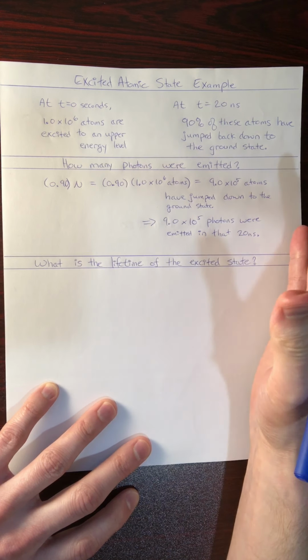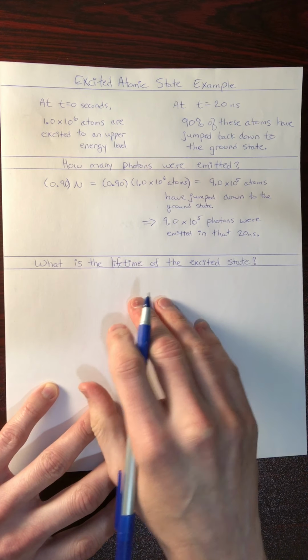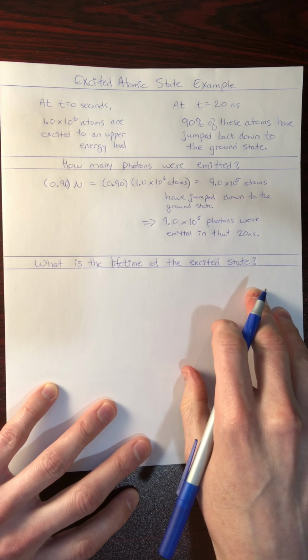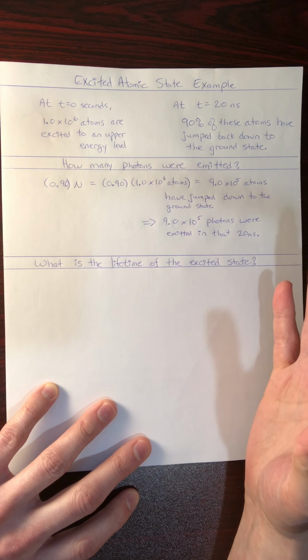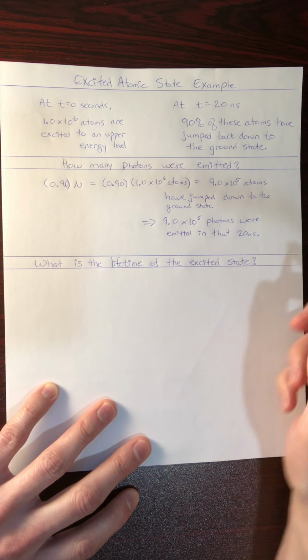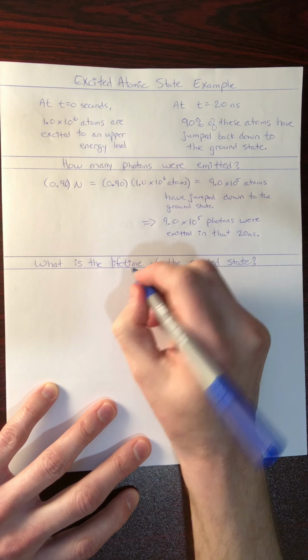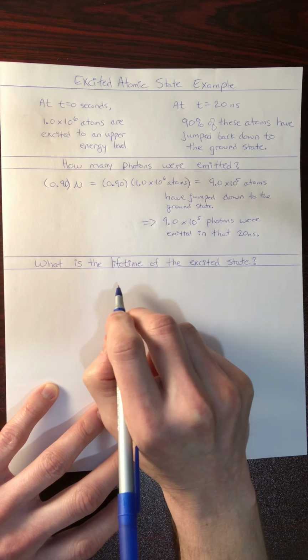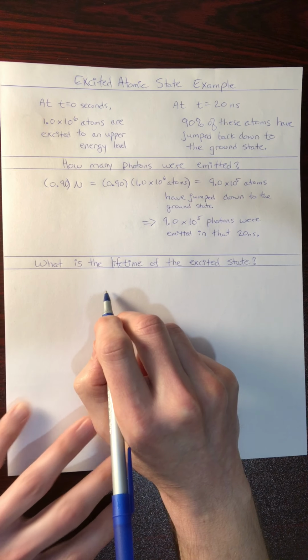Now, given this information, what is the lifetime of that excited state? Now, clearly, lifetime is pretty short. And the lifetime, remember, is this tau value. It gives us the time scale of this decay process.